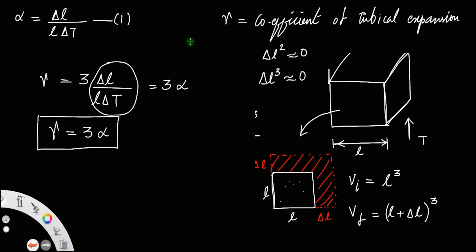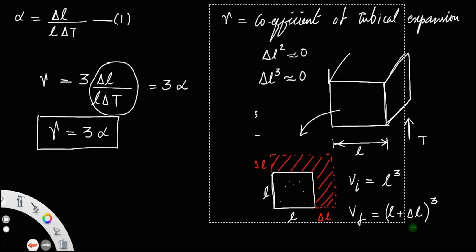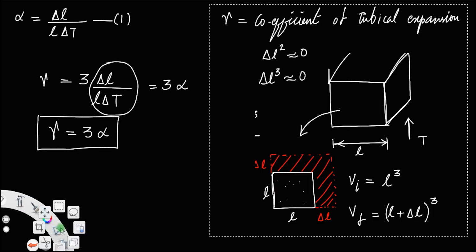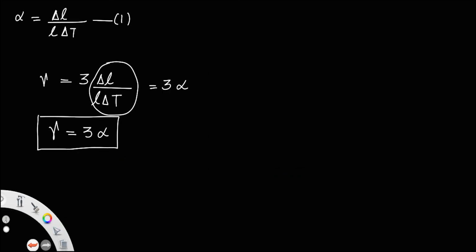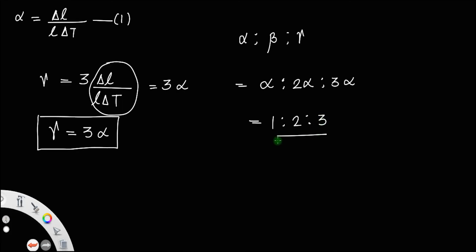What is the ratio of alpha to beta to gamma? We can write that also. We already found that alpha is alpha, beta is 2 alpha and gamma is 3 alpha. Cancel alpha, so the ratio is 1 to 2 to 3. Clear?